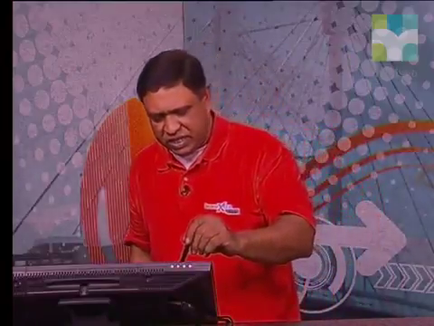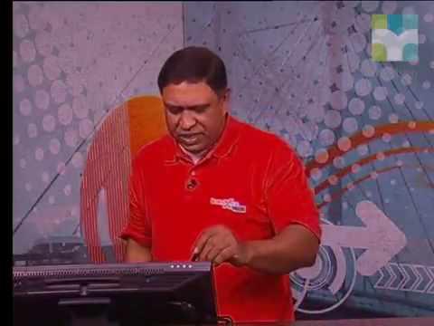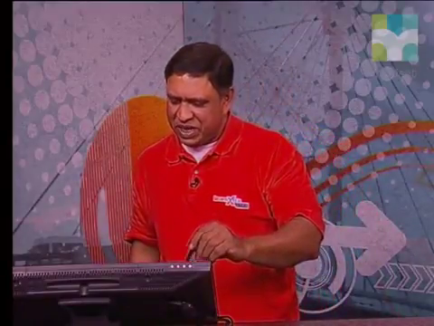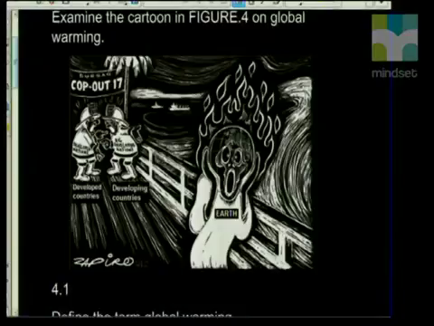Let's look at another resource, another exciting resource. This is a cartoon. Often you get cartoons, and there's a strong chance you're going to get cartoons again. Do not literally just look at the cartoon. Do you understand? Look at what it's trying to tell you. Can you see Earth burning?